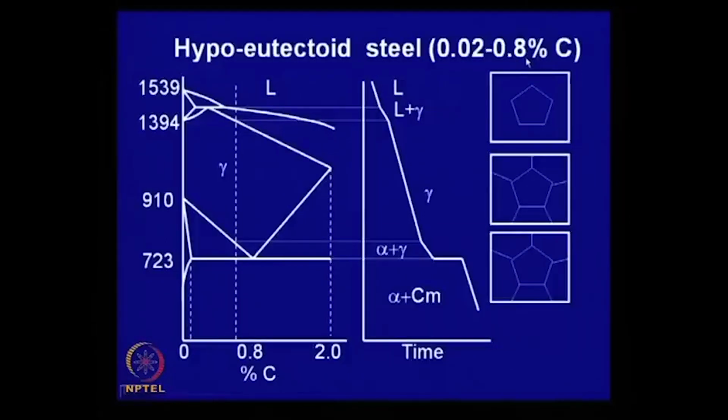You can clearly see that here, apart from that eutectoid structure, you will have some amount of ferrite precipitating out in this temperature zone from here to here.